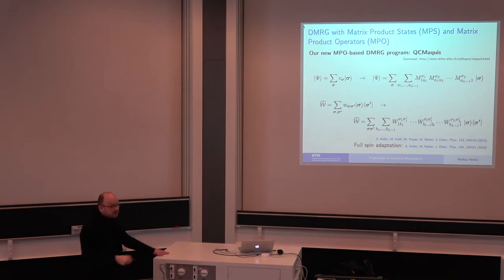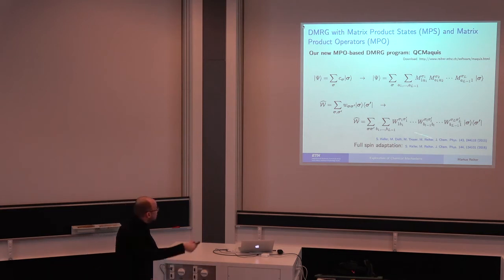So you have a typical CI type expansion here, and now what DMRG does is it optimizes such a complicated representation of a CI coefficient, and that is a matrix product state. Okay, and you have a similar representation for all the operators, say, for instance, for the Hamiltonian given here.